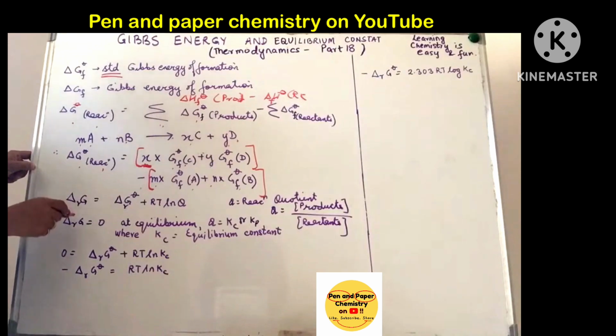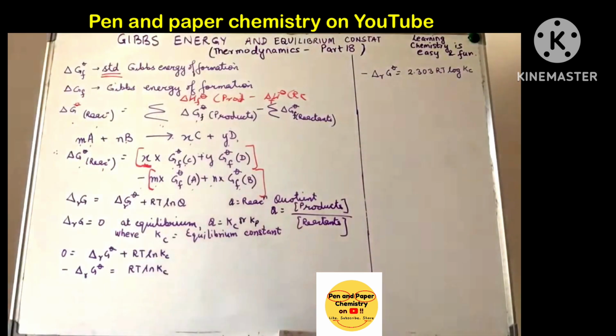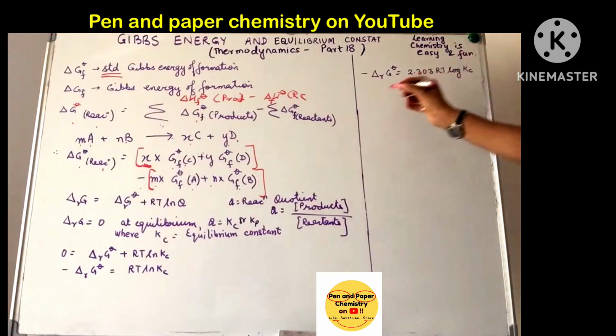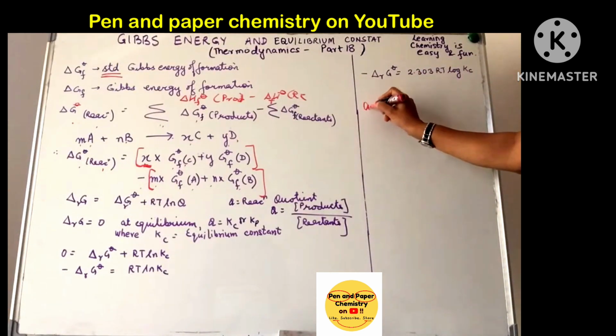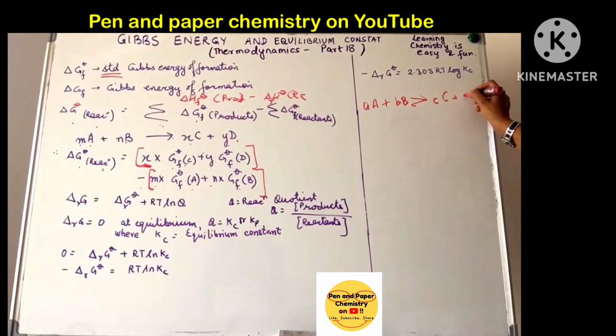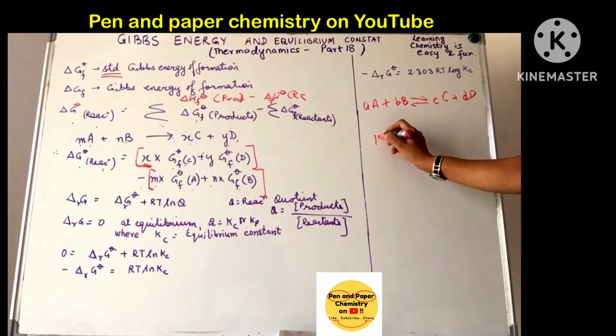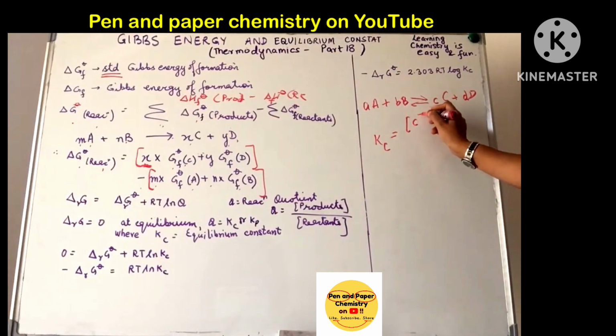Coming to the relation between Gibbs energy and equilibrium constant. Now what is the equilibrium constant? Just for easy recall, if you've done chemical equilibrium, if I have a reaction aA plus bB in equilibrium with cC plus dD, how do we write the equilibrium constant? This is just a general expression I am giving. We can do a specific study when we do chemical equilibrium.